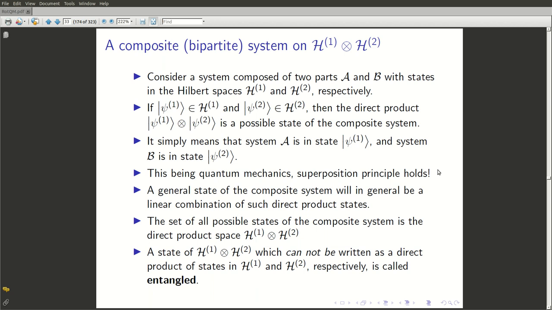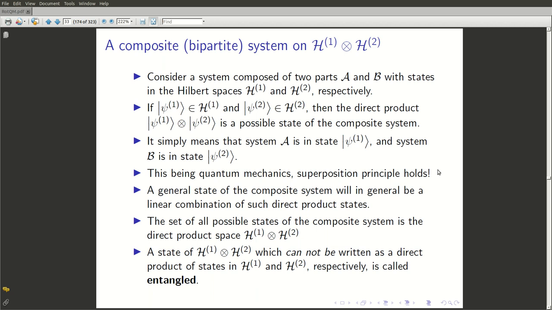These special states are states for which you can no longer say for sure that subsystem A is in such and such state and subsystem B is in such and such state. You can only talk about the state of the whole system. Such states are called entangled, and given current interest in quantum information theory, entangled states are a big craze.